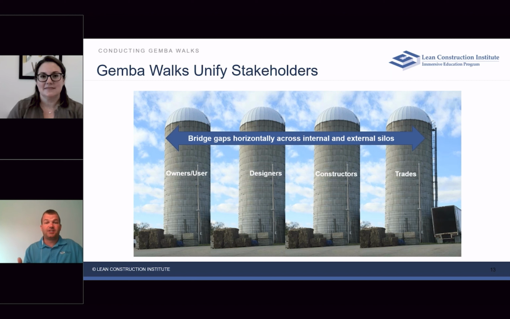Problems get solved a lot easier when all stakeholders can swarm the problem and come up with a good solution together. That's what Gemba walks really will help with too, as you're identifying constraints and removing them on the project.